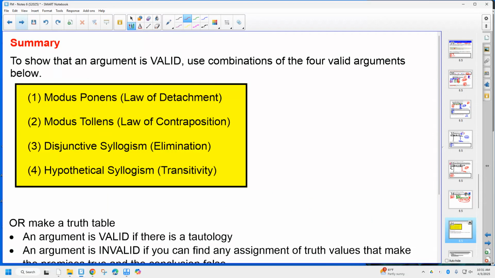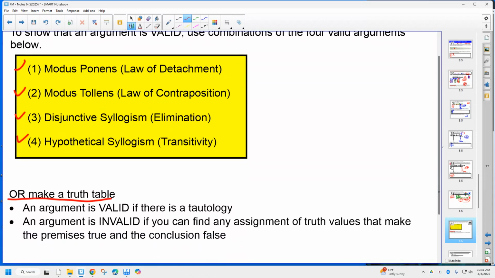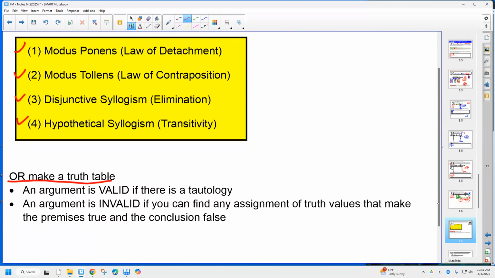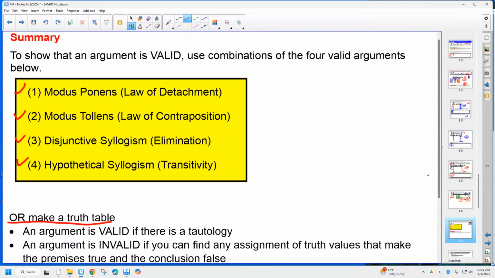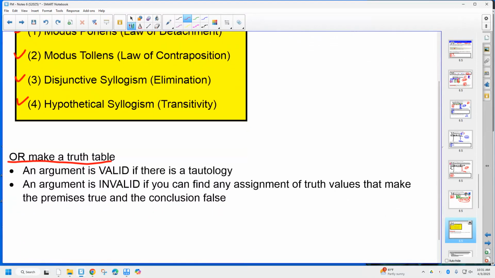We've got any one of these 4 things to use in combination with one another to show an argument is valid, or make a truth table. And so again, you've got kind of a quick way or a long way, and just use the quick way if you understand it, and if you don't, you got to do the long way.